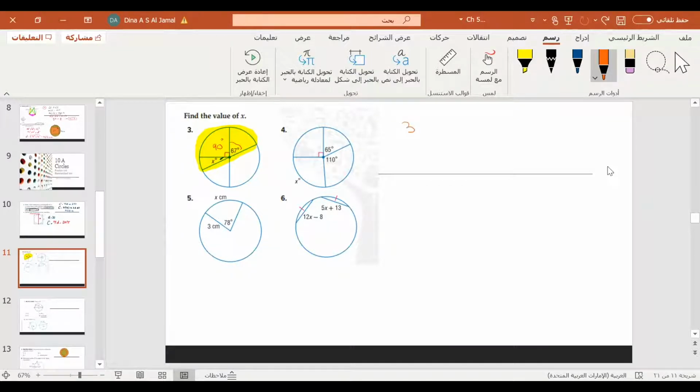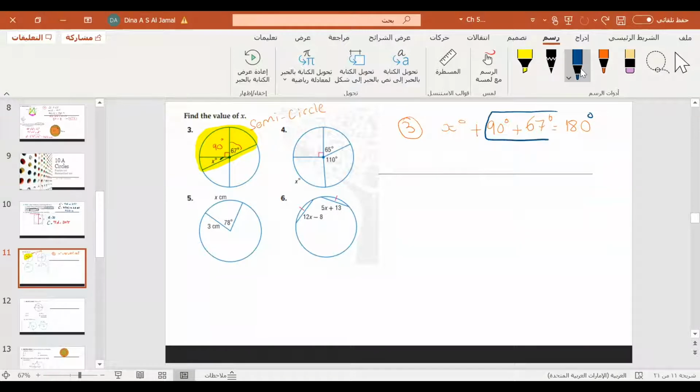So let's go to question 3. How can I solve it? You need to imagine that the summation of all these angles will add to 180 because we have a semicircle here. So x degree plus 90 degree plus 67 degree equals 180, which is the angle addition property.